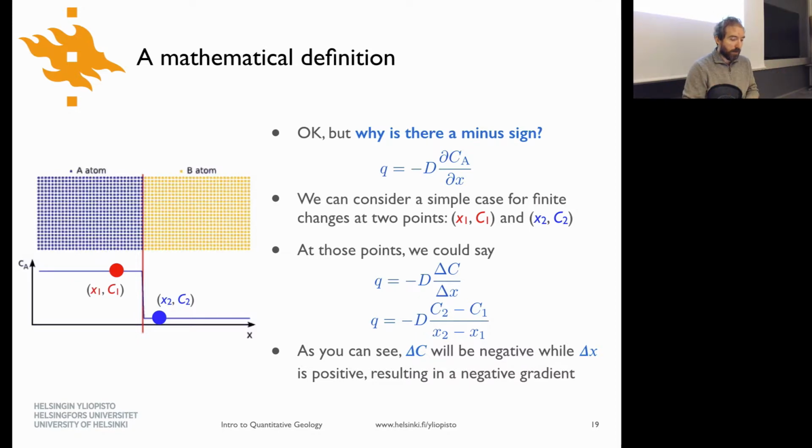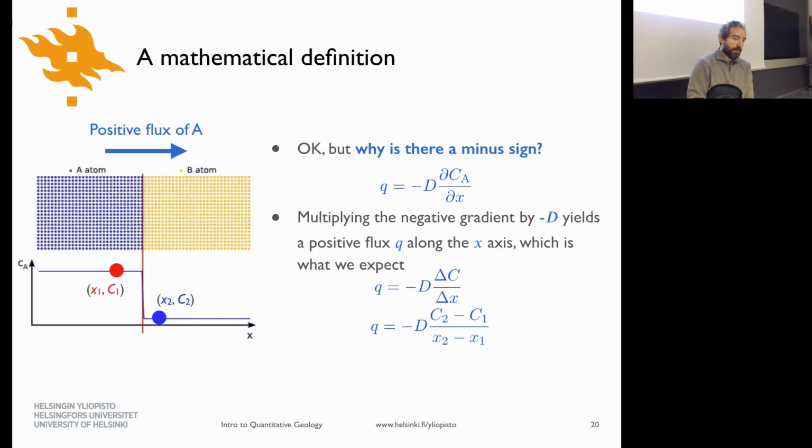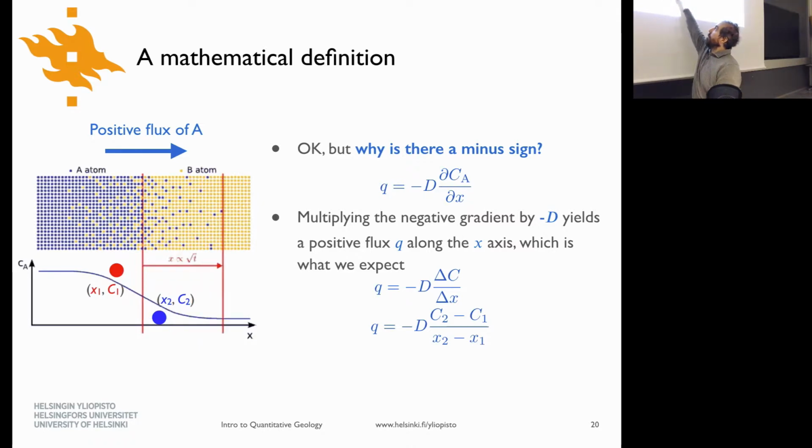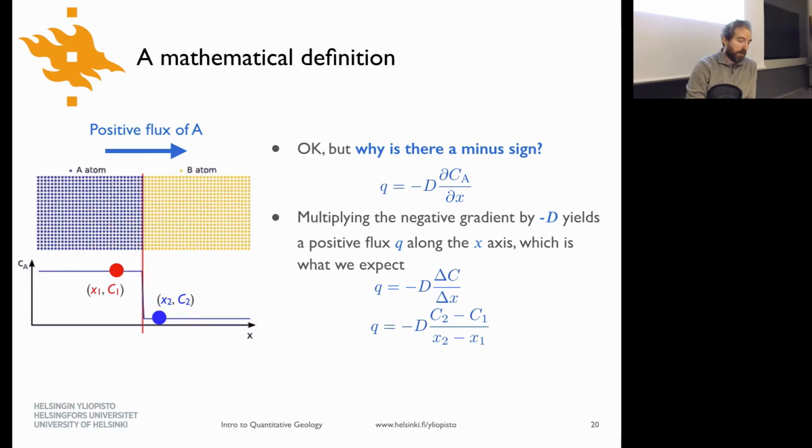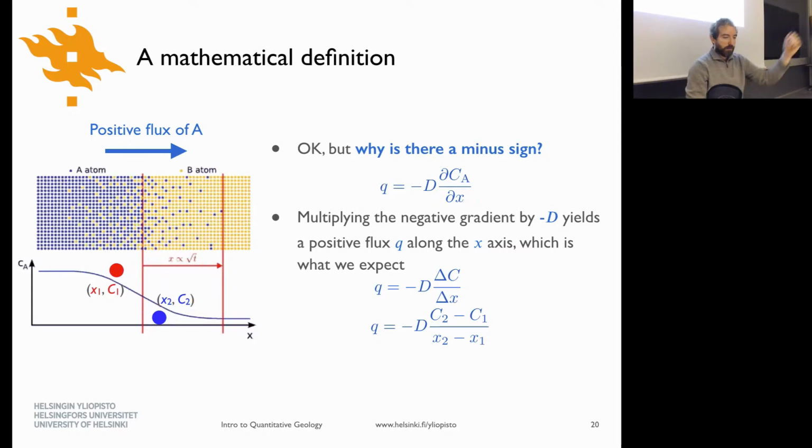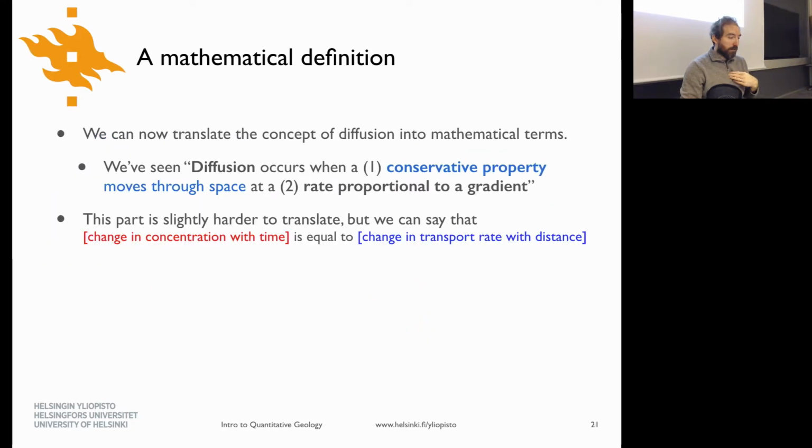Two negative numbers multiplied together give you something positive, which means we end up with a positive flux of atoms of A. And that's basically what we see within this example we're considering: atoms of A moving off to the right and increasing the concentration at point x2 relative to the initial concentration at point x1. So that's the kind of example there.